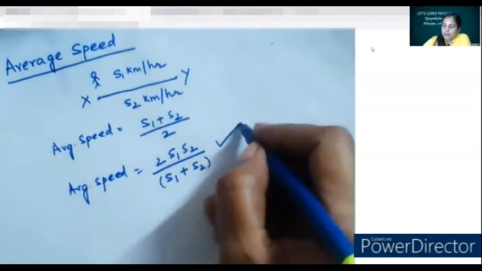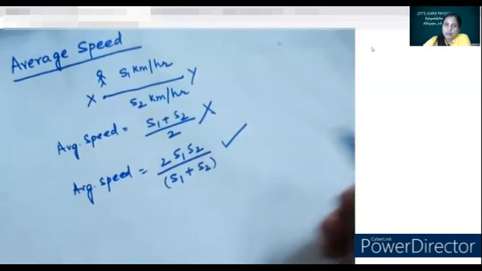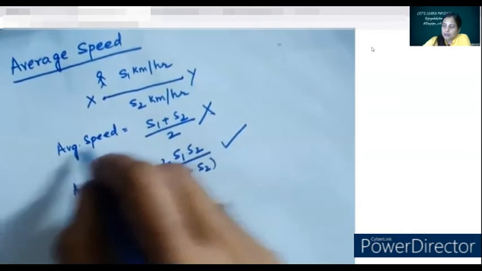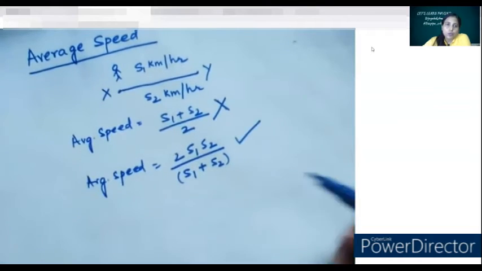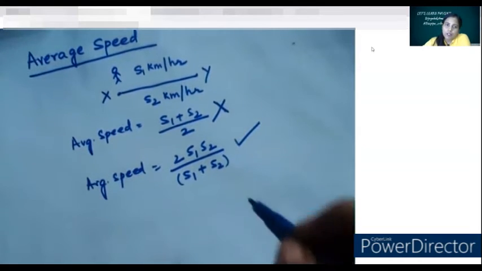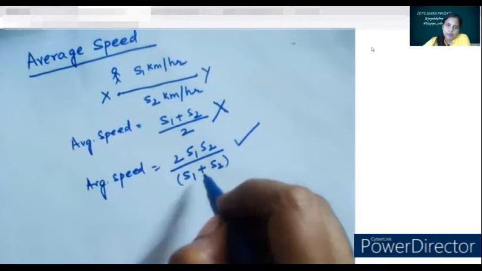The actual answer is this, not this. This is not the correct answer. Now, why? If you want to know, write to me. I will make a special video on how we have got this one.